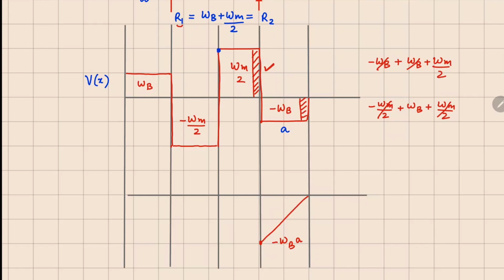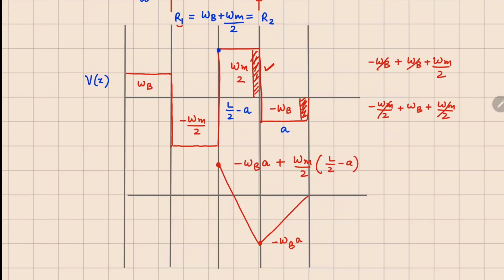So that means your area will increase in this manner and it may reach a positive value somewhere here. And how do we calculate the total at this point? Total at this point is going to be this minus WB times A that comes from the first segment here plus what we get from this one right here. So this is going to be WM divided by 2 times the length here, and the length here is L by 2 minus A. So we can multiply this by (L by 2 minus A) right here.